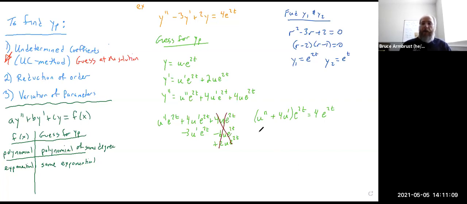And notice we have changed this so that it's no longer second order. I know it looks like it, but if we did a substitution, say w equals u prime, then w prime equals u double prime, and we've got w prime plus 4w equals 4.